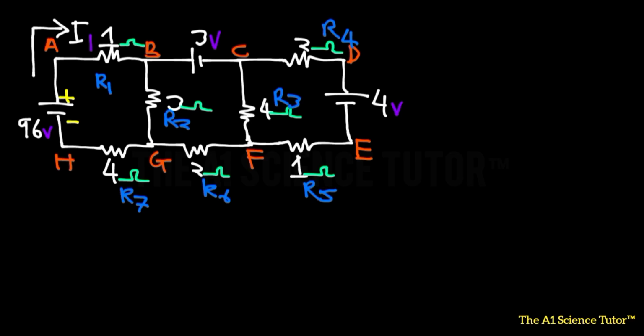So now let's talk about the currents. We got I1 emanating from the battery of 96 volts. So as I1 comes from A to point B, at point B there's going to be a split. So let's say that I1 splits into I2, and the other branch is going to be equal to I1 minus I2, which is really the same thing, because we don't want to create more variables here.